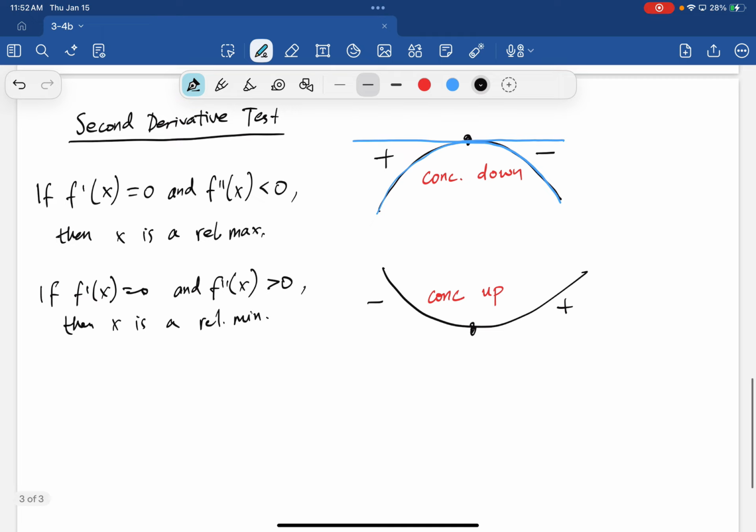The problem is that the second derivative test doesn't always work, and sometimes it's inconclusive. The second derivative might equal 0 or might not exist.